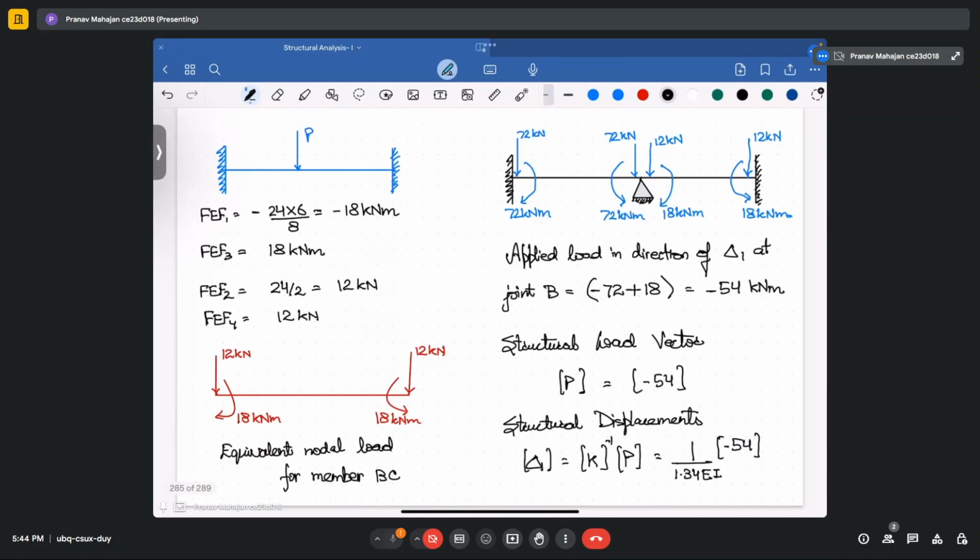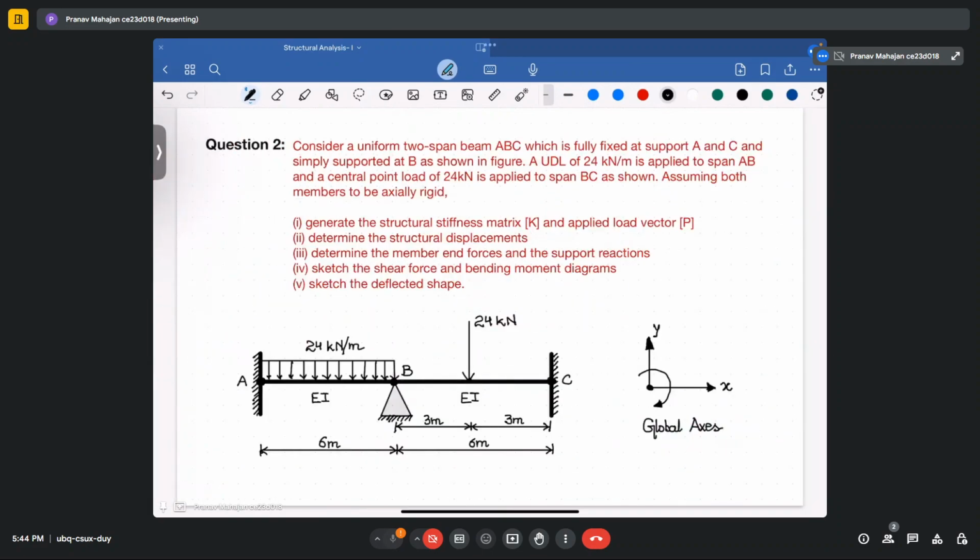For that, I will copy the beam from here. So this is our original beam.